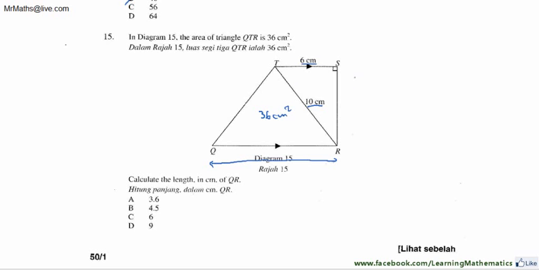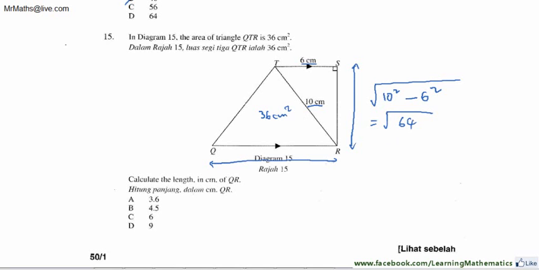So what we can do is find the height of the triangle QTR, which is the side SR. How do we do that? We can use Pythagoras theorem, which is the square root of 10 squared minus 6 squared, which is 100 minus 36, which is the square root of 64.